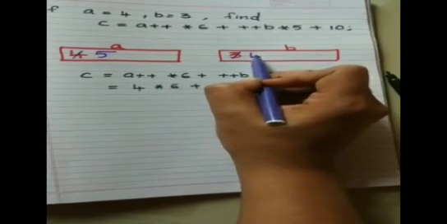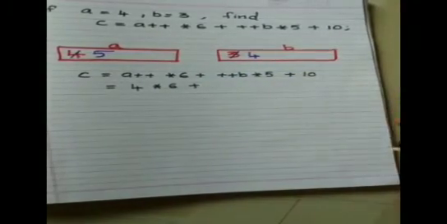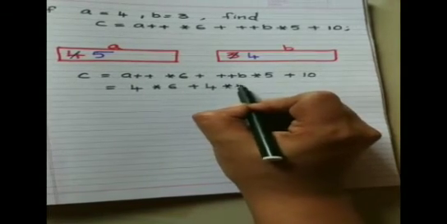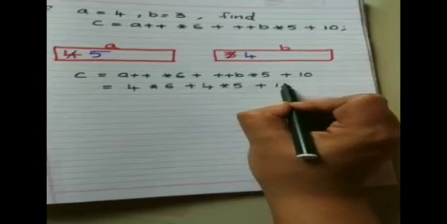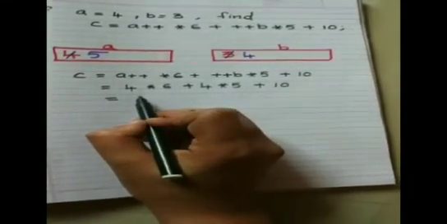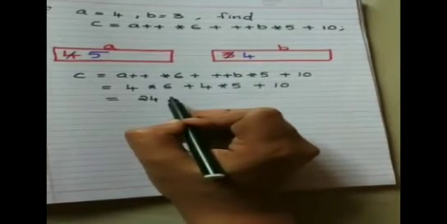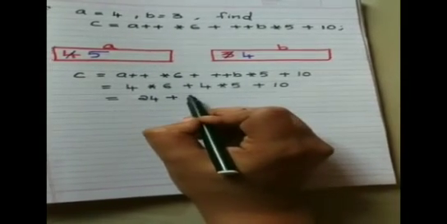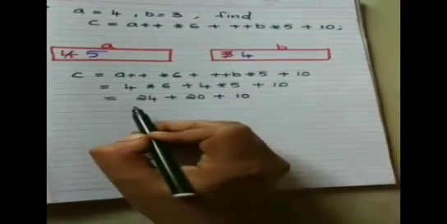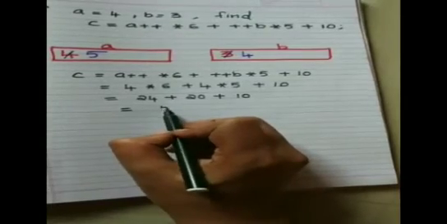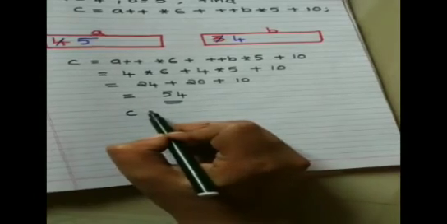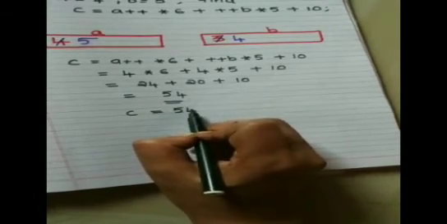So I am changing it to 4 and taking that value, that is 4 into 5 plus 10, that is equal to 6 4s are 24 plus 5 4s are 20 plus 10, that is equal to 54. So your answer C value will be 54.